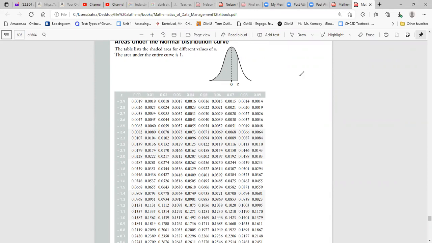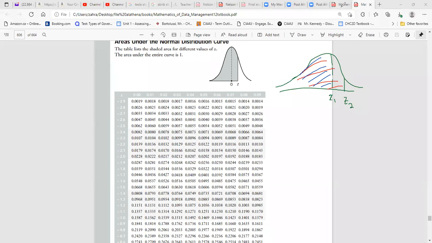But right now I have two numbers and I want to find the area between them, from Z1 to Z2. I take the whole area below Z2 and subtract the area below Z1, and it gives me the middle area between them.